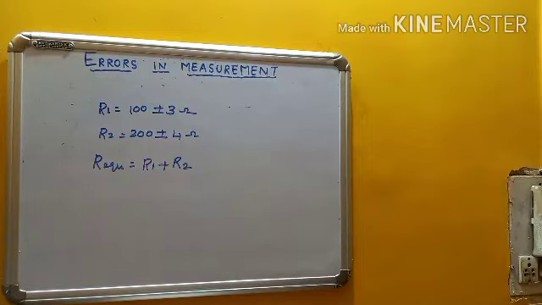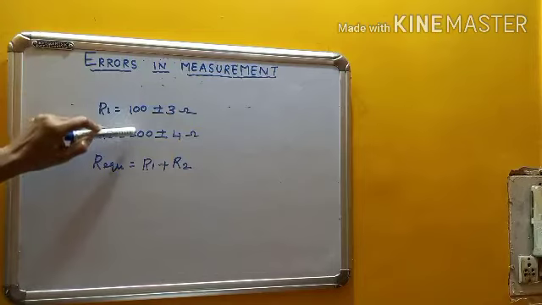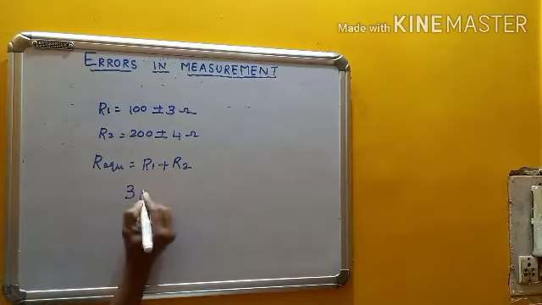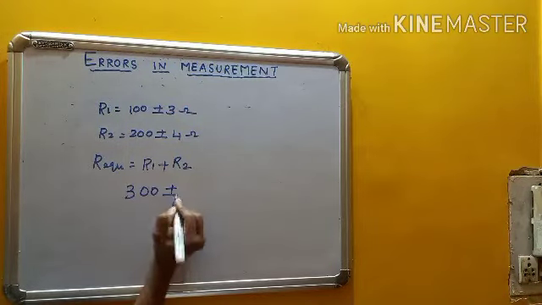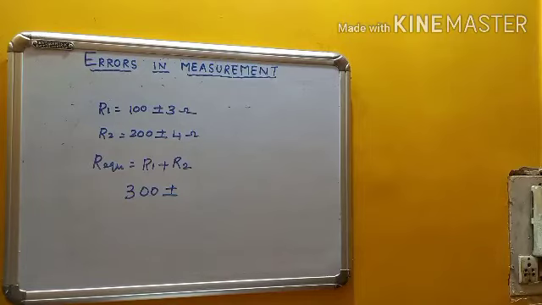So when we calculate the equivalent resistance, as per the formula it is R1 plus R2. So the true value should be added. So 100 plus 200, true value will be 300 plus minus. Then in the case of addition, when we add two quantities, what should be done with the absolute errors? We have studied in the formula.